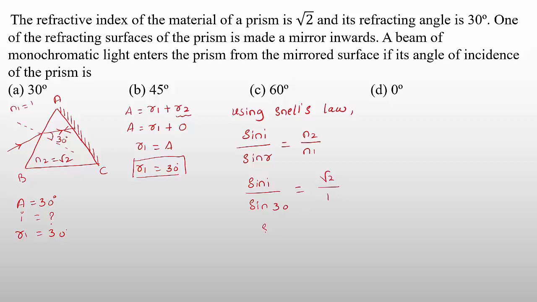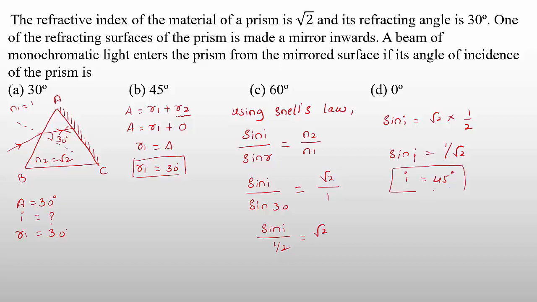Or we can write sine I divided by sine 30, which is 1 by 2, is equal to √2, or sine I equal to √2 into 1 by 2, or we will get sine I equal to 1 by √2. So sine I equal to 1 by √2 means I equal to 45 degrees. So the angle of incidence is 45 degrees, that is option B is right.